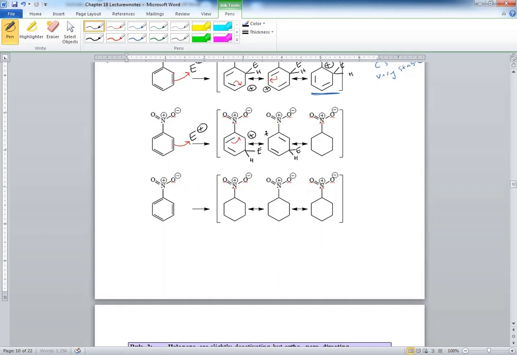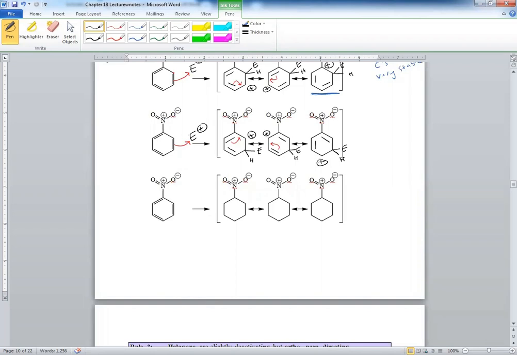So here's the positive. And then, of course, one more resonance structure. E, and H right there.